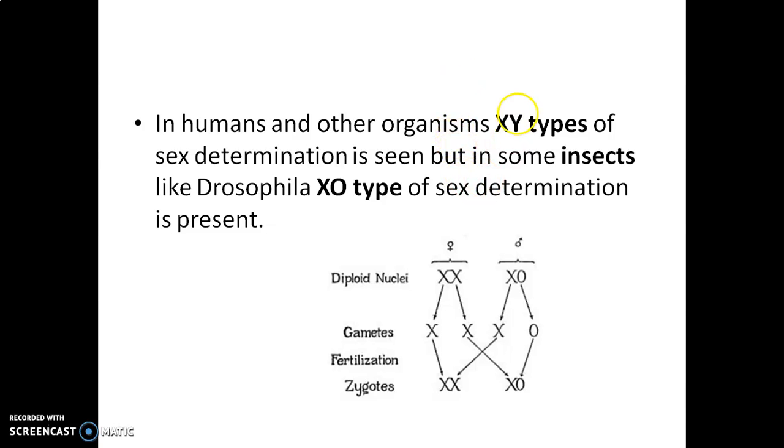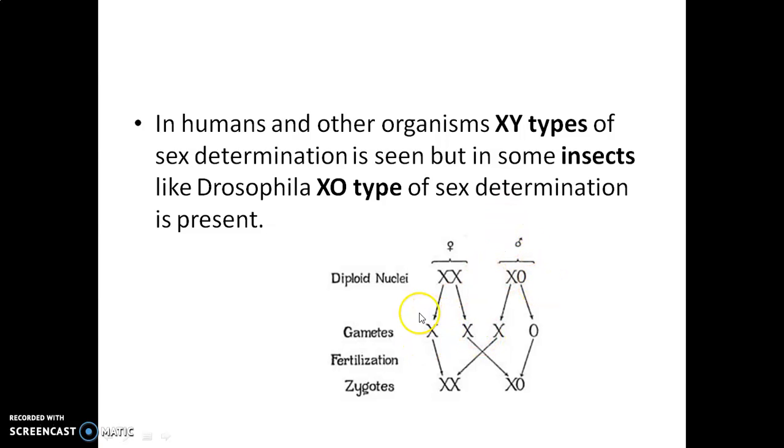Now, we are going to analyze the sex determination in insects. Children, we know that in humans and other organisms, XY type of sex determination is seen, isn't it? But in some insects like Drosophila, X0 type sex determination is present. And this XX represents female, same as that of a human being, and this X0 represents male.